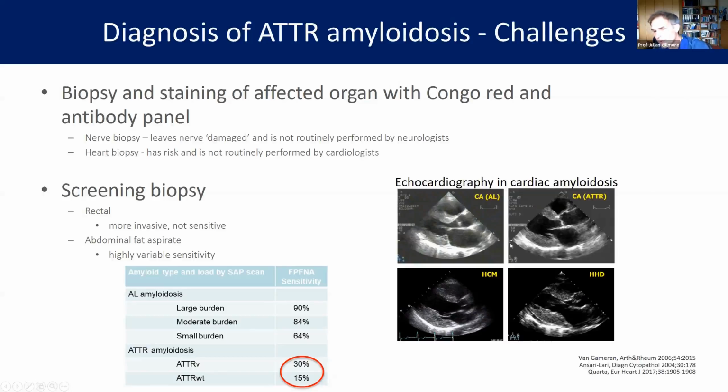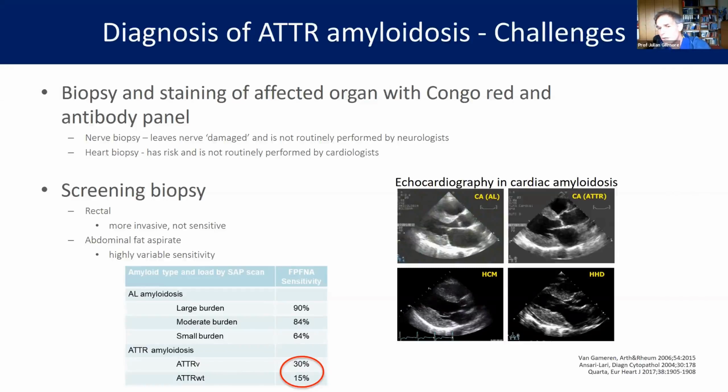The other problem in ATTR amyloidosis has been that echocardiography is not terribly sensitive. So the usual test for the investigation of breathlessness from heart disease, in other words, heart failure, the first test that is done usually is an echocardiogram.